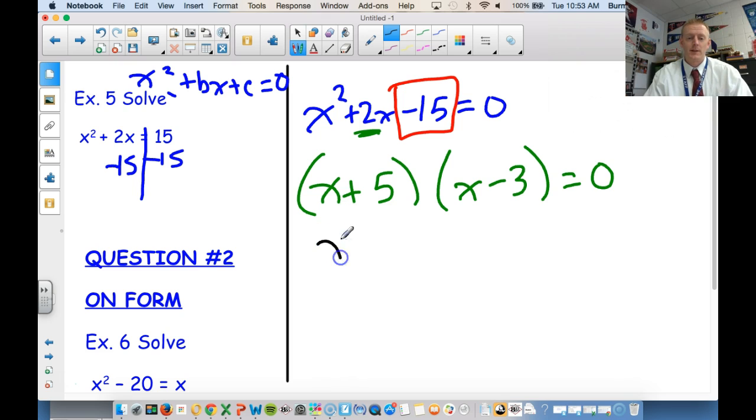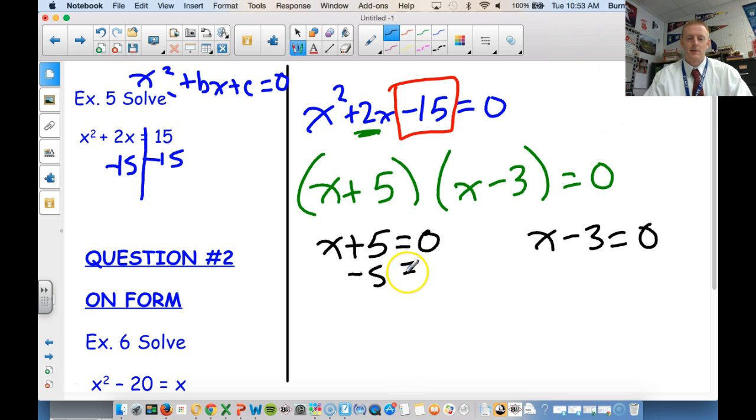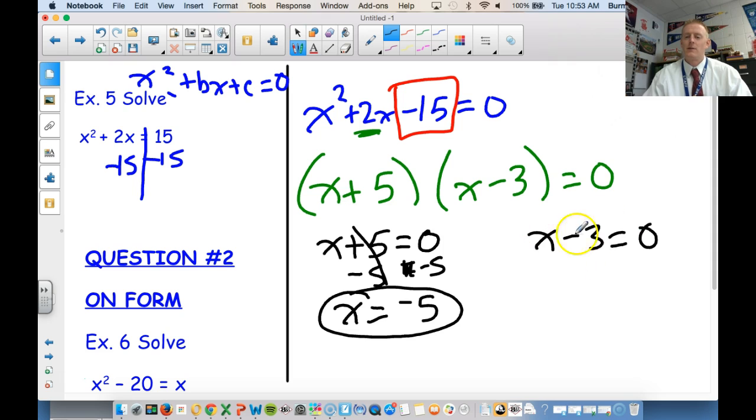So we set each individual binomial equal to 0 and then solve both of those equations. So x plus 5 equals 0, subtract 5, and x equals negative 5 for this side. And for this equation, add 3, and x is equal to a positive 3.